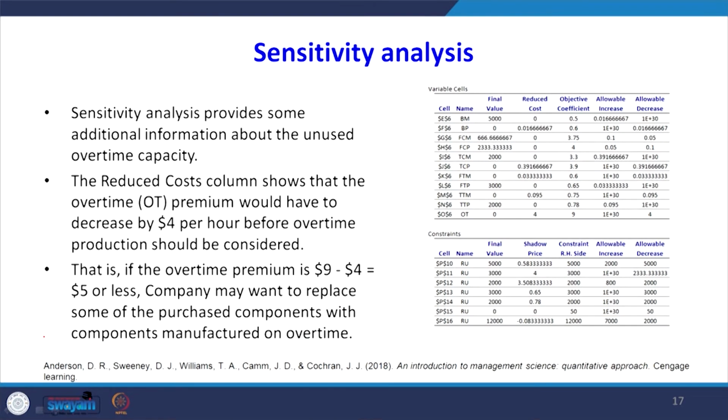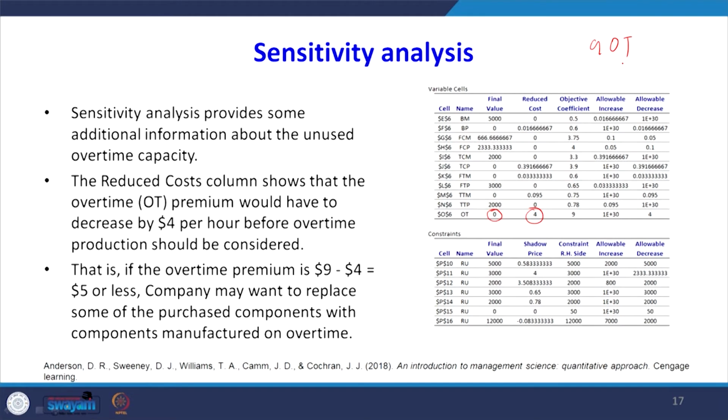The sensitivity analysis provides some additional information about the unused overtime capacity. Here, we are not using any overtime, but the reduced cost is 4. What it says is that the coefficient of overtime in our objective function is 9 for OT.